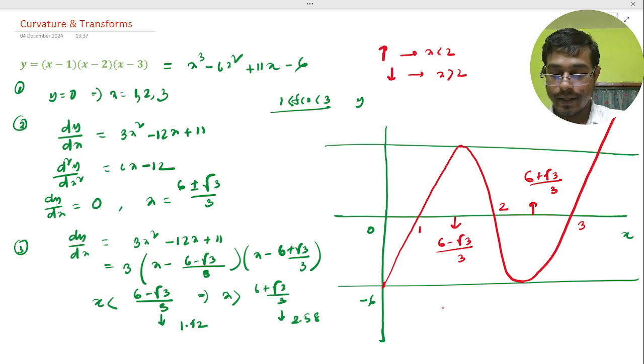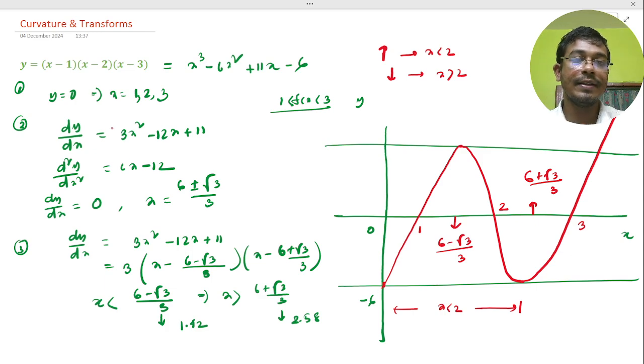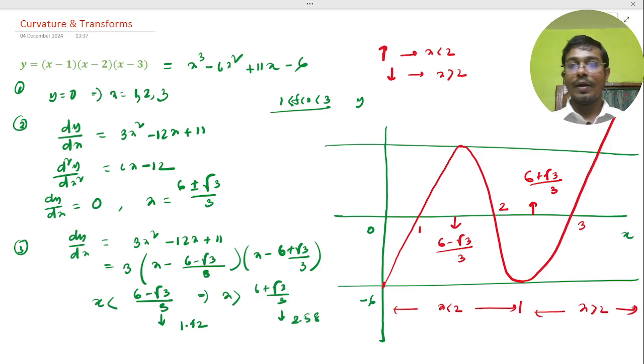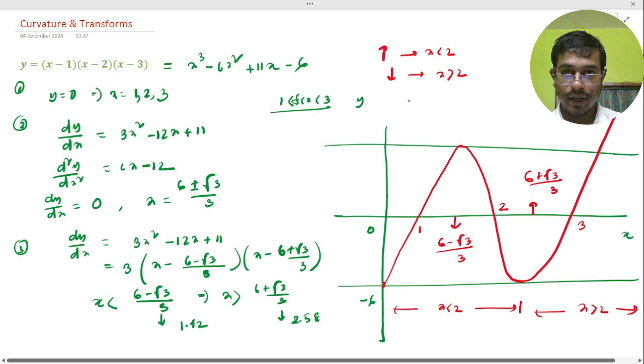Another thing is that it is for x less than 2. We are saying that for x less than 2, we find the value, the curve within the range, and after that x greater than 2, this portion. So in this process, we apply the x less than 2 or greater than 2 condition. This is called the concave or convex property.